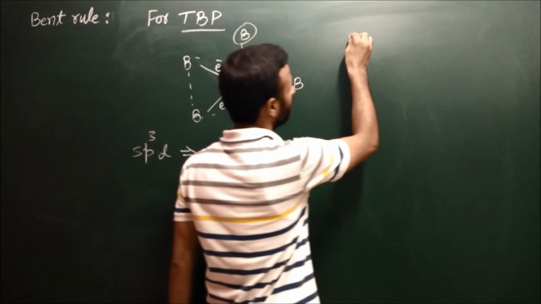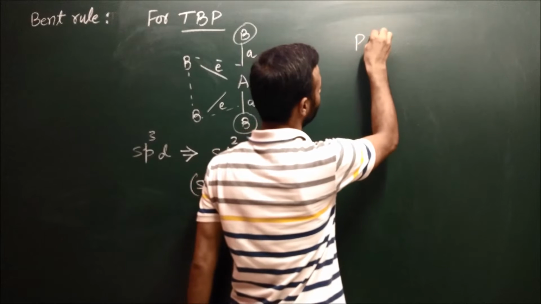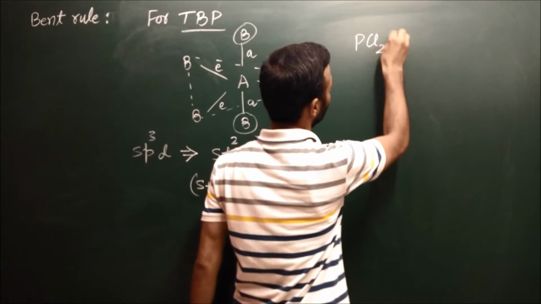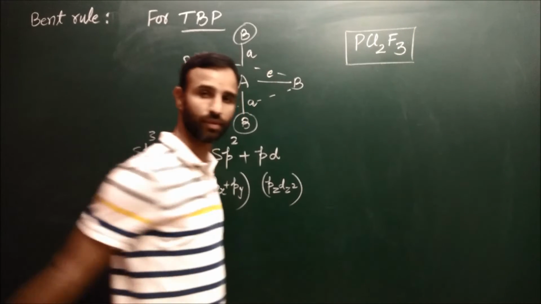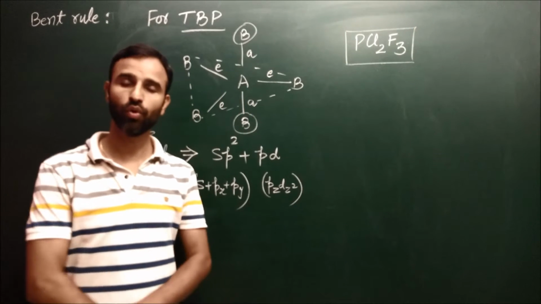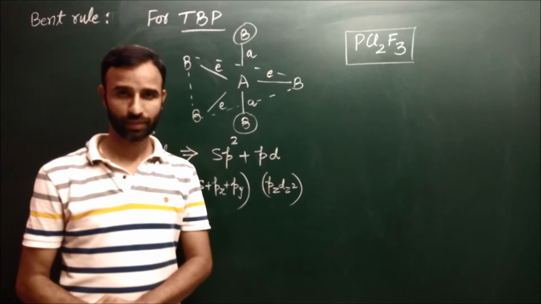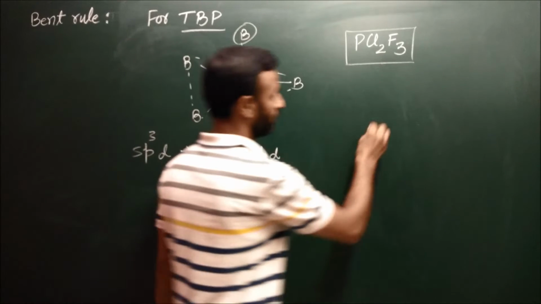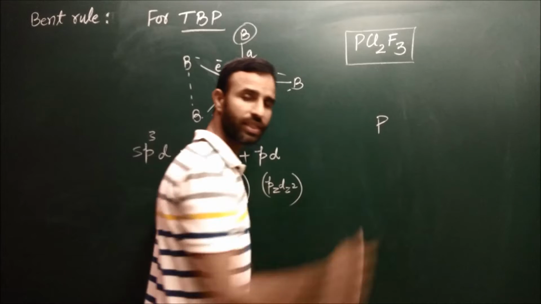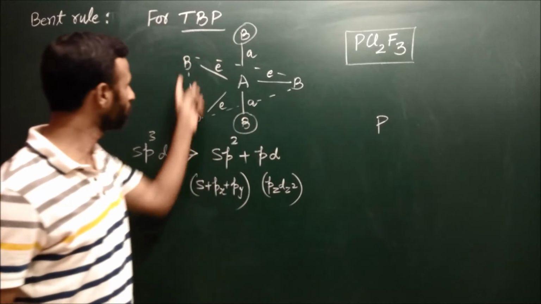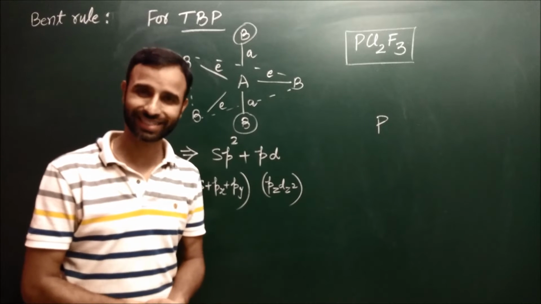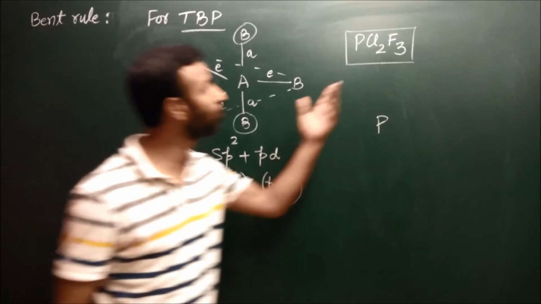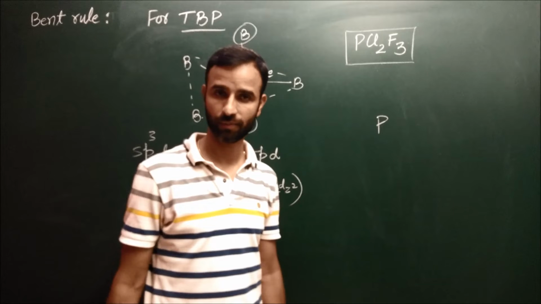Let us take the example of PCl2F3. Now, if it is PCl5, all the positions are occupied by chlorine. No such case arises. But now we have two different atoms.